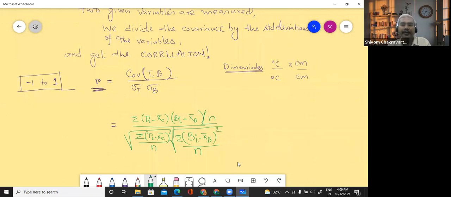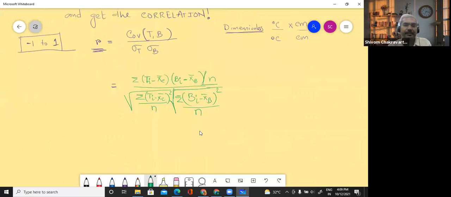So in terms of x and y, if we call temperature x and distance or number of persons y, this formula can also be written as xi minus x bar, yi minus y bar, because in most of the literature you will find something like this.